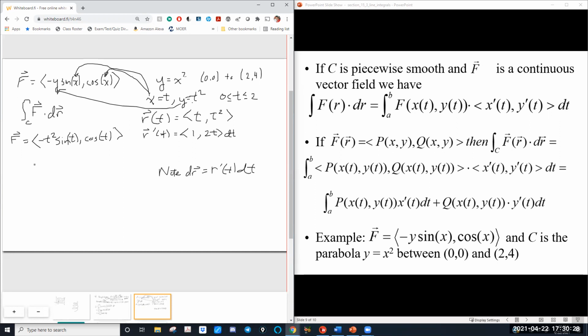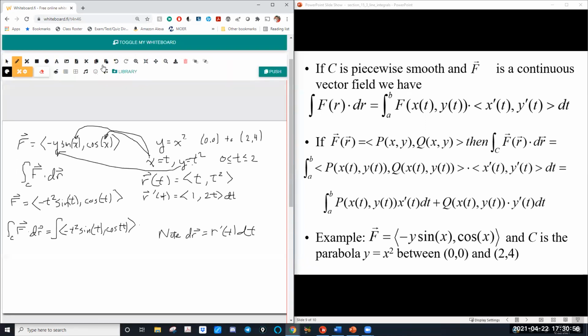So here's what happens. Taking this integral over c of f dot dr, I'll show you what the dot product looks like in here. So negative t squared sine of t, cosine of t, and of course that's right in the way. And I'm going to just get rid of our note.